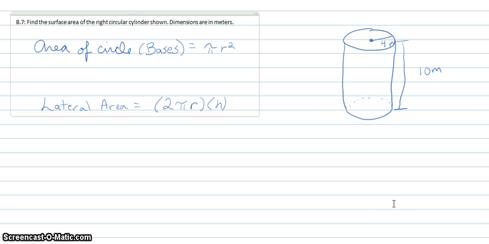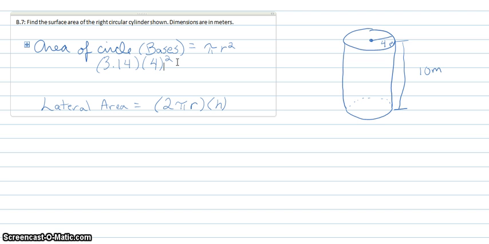The 7th example in lesson B is to find the surface area of the right circular cylinder that's shown, and dimensions are in meters. So first, we'll want to find the area of the top and bottom bases, and they're circles, so we have pi r squared, and since there's 2, we'll be multiplying our answer by 2. So we'll have 3.14 times 4 squared.